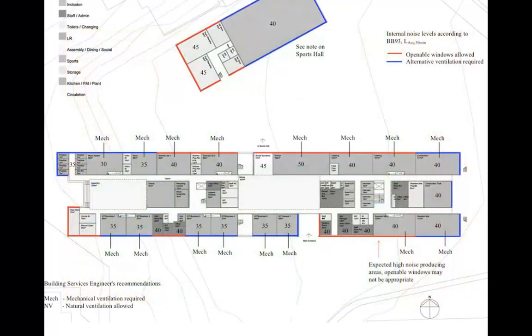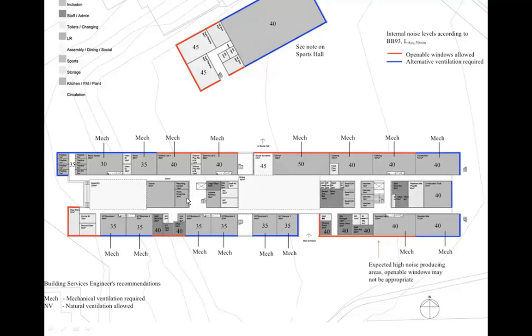And this is our mechanical engineer then also doing a further analysis to decide which rooms would need mechanical ventilation, either to meet the acoustic requirements or because those rooms have functions that need mech vent. So for example, a kitchen will need mechanical extract, a woodworking room will need mechanical extract.